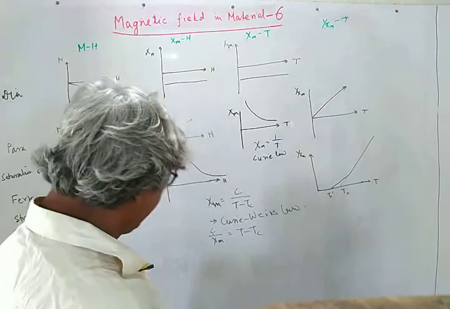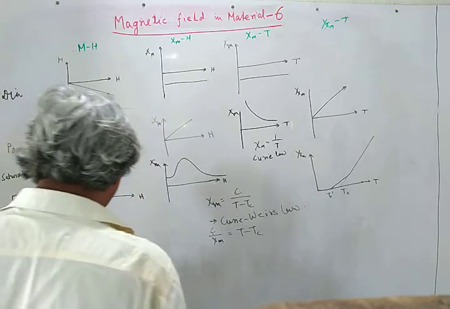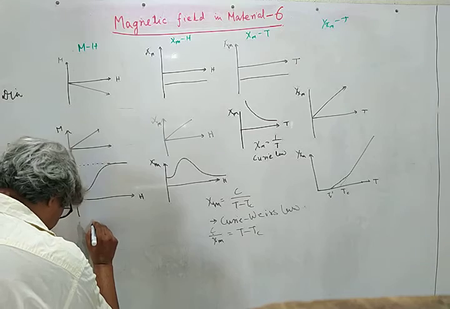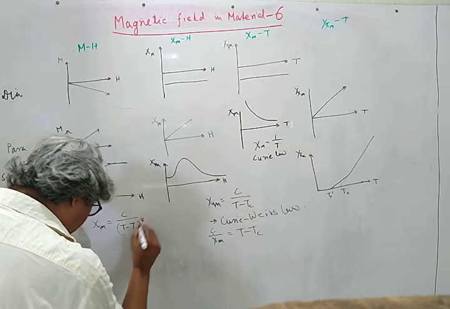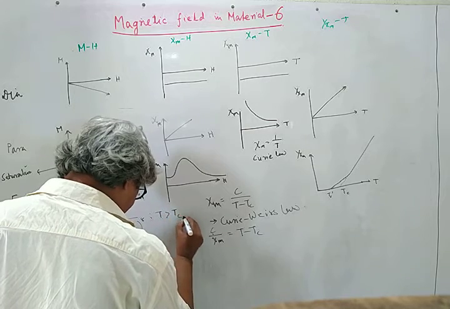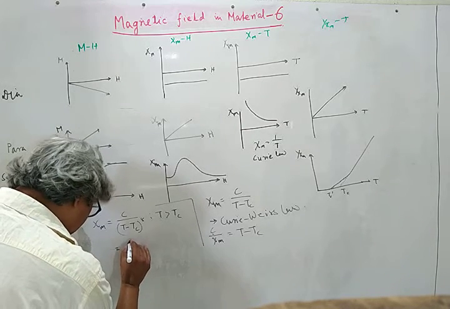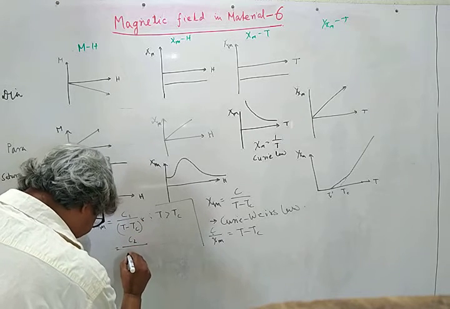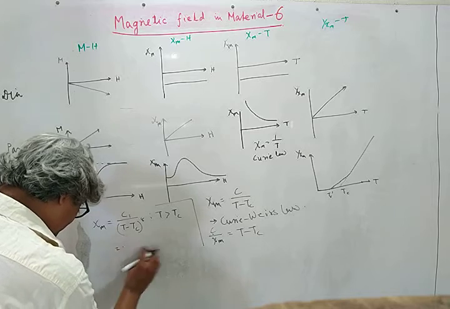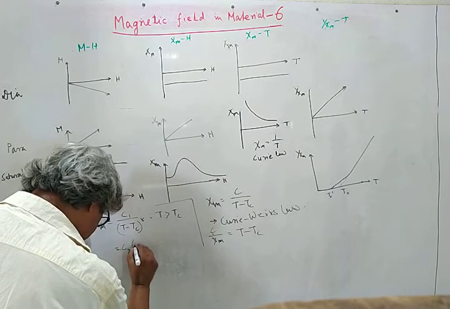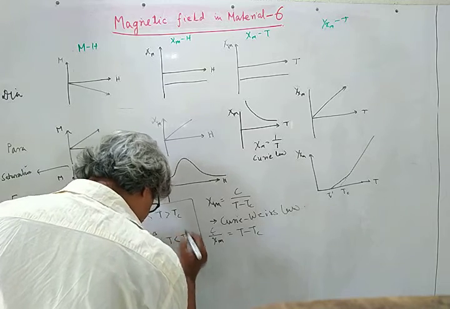Actually speaking, the variation of chi m, this is a phenomenological fact, that is what is obtained from experiments, is that chi m varies as some constant times T minus Tc to the power gamma for T greater than Tc, and this is equal to some other constant times Tc minus T to the power beta for T less than Tc.